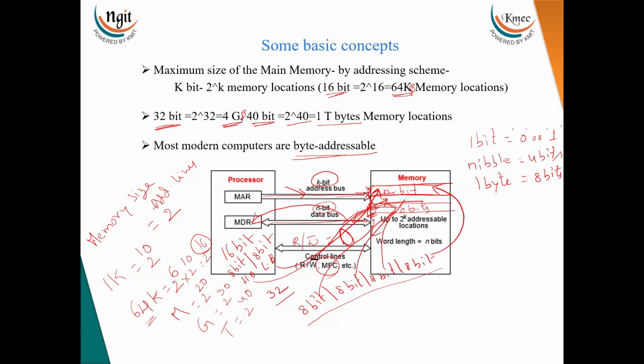Like that, for the 4 consecutive memory locations, the processor places only the starting address. This type of transfer is called block transfer. Only the starting address is placed on the address bus, and automatically the next consecutive locations are selected and the remaining data is stored.